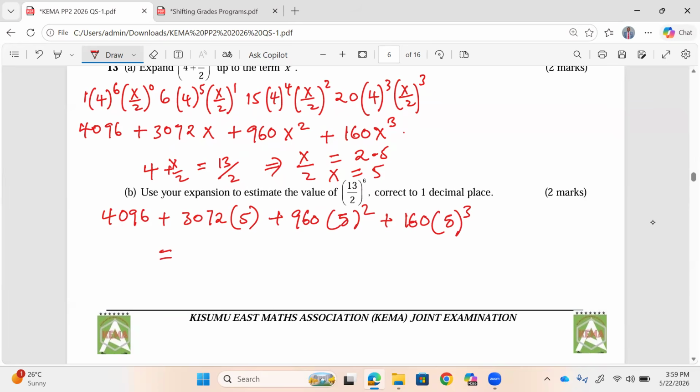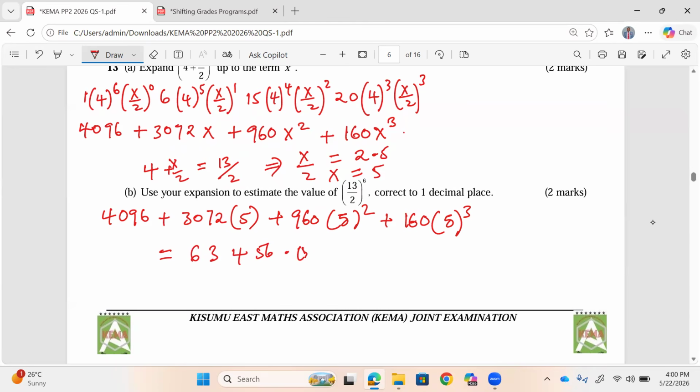We add 3072 into 5. We add 960 into 5 squared. We add 160 into 5 power 3. So we're getting exactly, this is a whole number, 63,456. But because we've been told to one decimal place, we just introduce a 0.0 at that point.